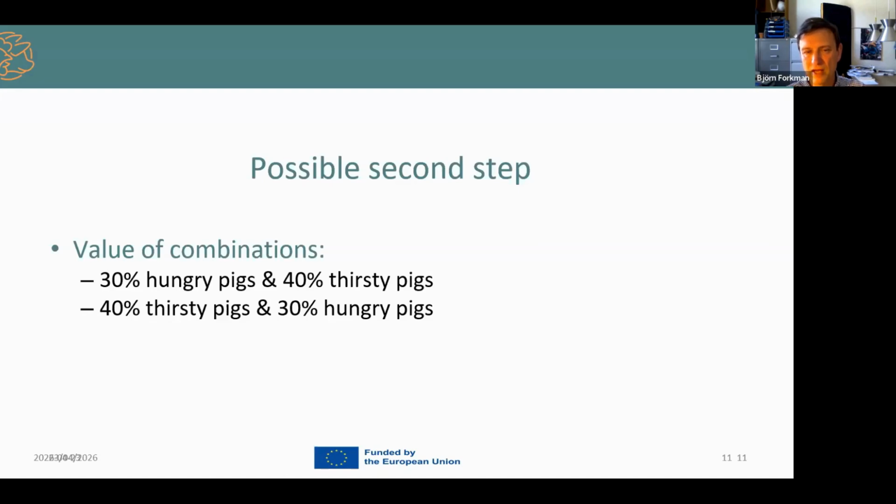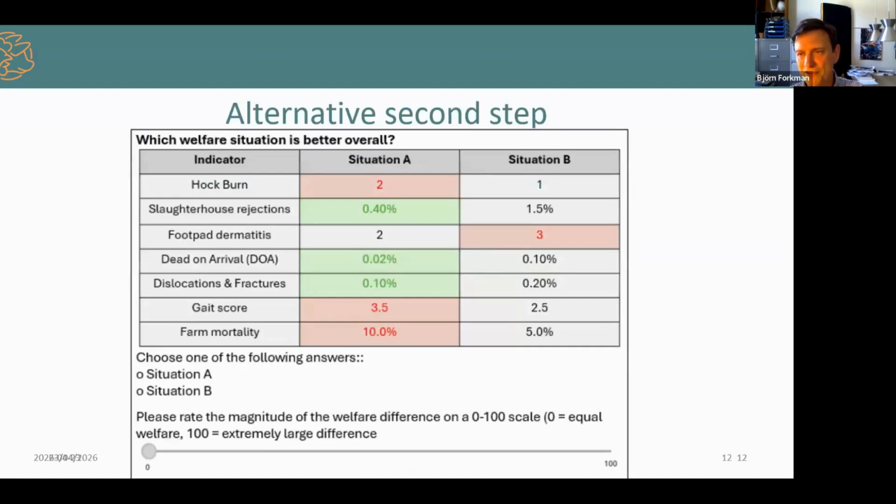Then I'm going to say the value for the combination of hunger and thirst is not only the proportion hungry and thirsty, but I added another value. I added the extra value because some pigs are going to be both hungry and thirsty. So you have a combination of stressors. And of course, this makes it incredibly complicated to try to derive any sensible information from it. But that's unfortunately real life.